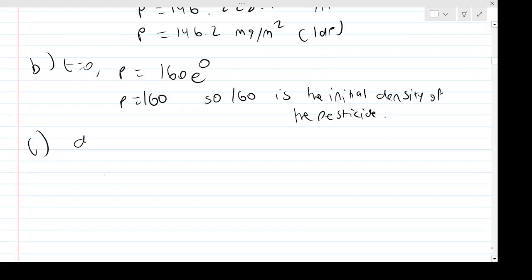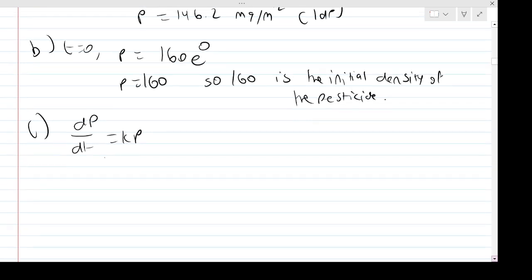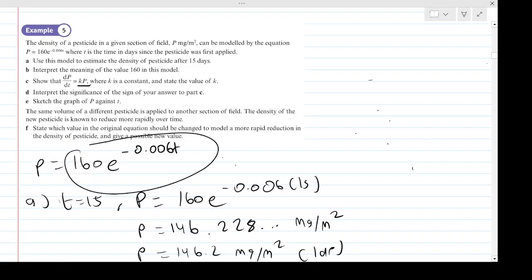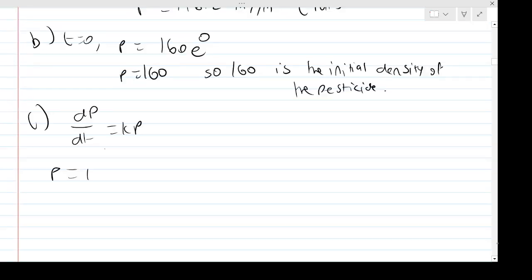So dp/dt is k lots of p. Well, actually, it's asking for the derivative, right? So remember, the expression for p was 160 e to the negative 0.006t.